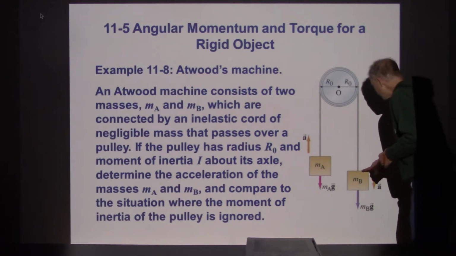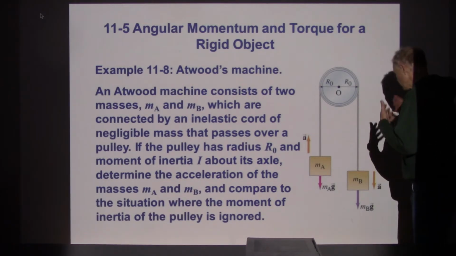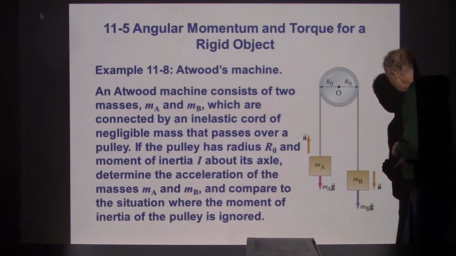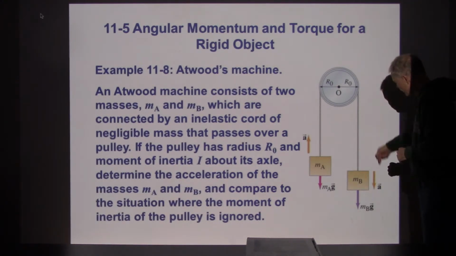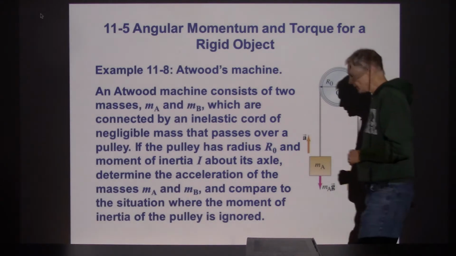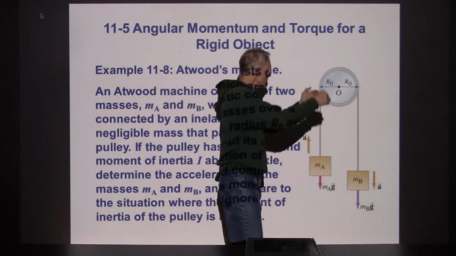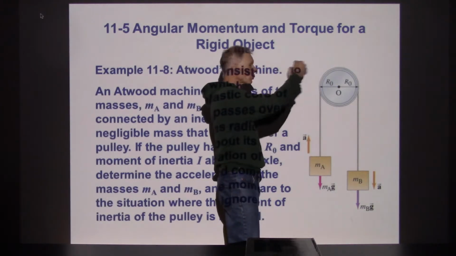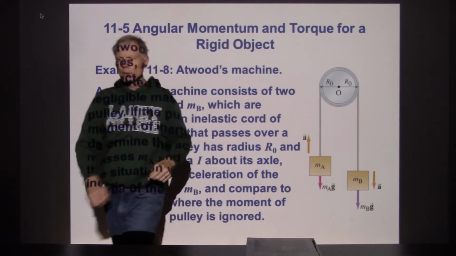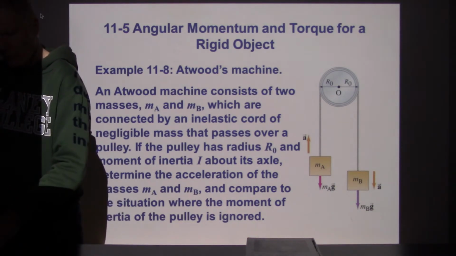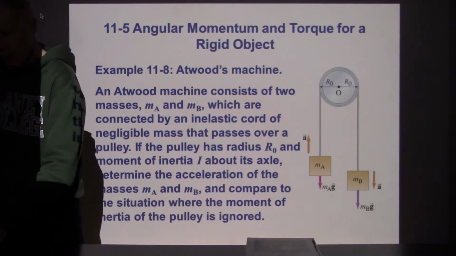And what we're saying is that MB has the larger mass, and so this system is going to accelerate like this. So I'm going to have this side accelerating downward, this one accelerating upwards, and then the pulley would be accelerating like that, picking up speed. So it says find the acceleration for this system.